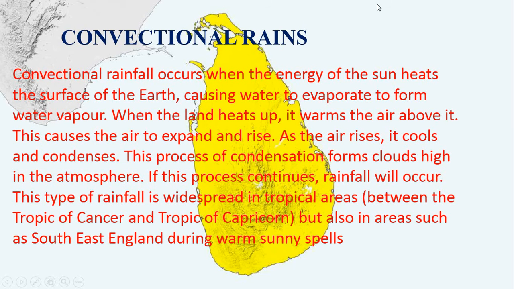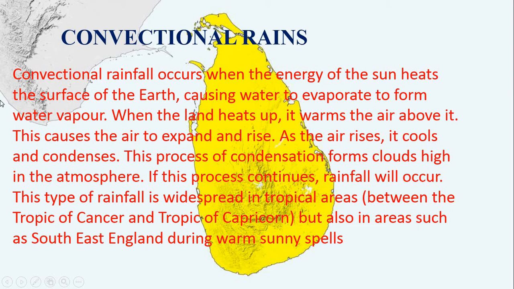Right. Then convectional rains. In your science lesson you will learn about the water cycle and convectional rains. You can read this, right? It occurs when the energy of the sun heats the surface of the earth, causing water to evaporate.